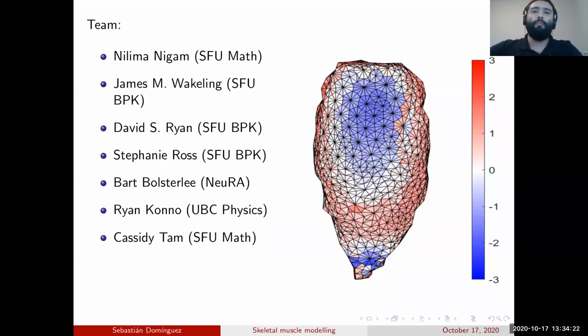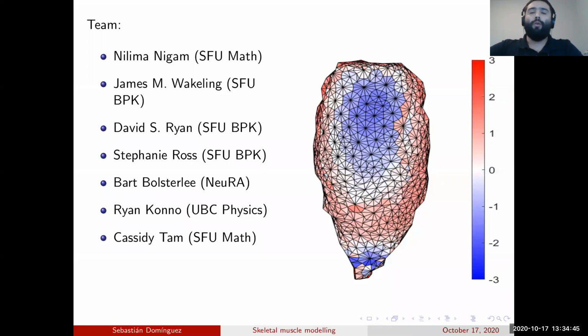Postdoc fellow Bart Borstoli, who is at Neuroscience Research Australia, was visiting us last year. We had a very nice time while he was there. We learned a lot from the 3D MRI scans that he did, and I'll talk about that later as well.